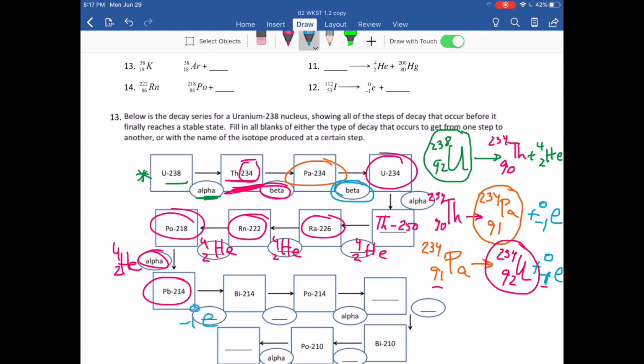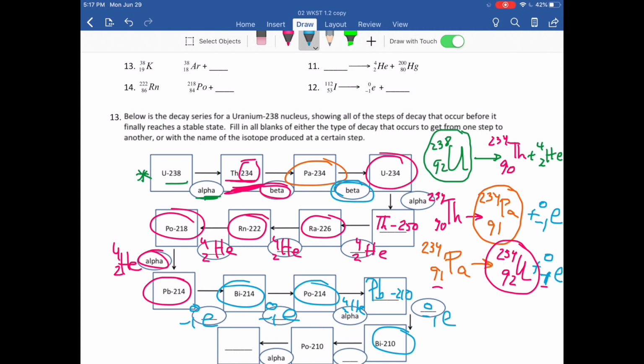That's a beta particle to form the bismuth. The bismuth is going to release another beta particle, 0 minus 1 e, to form the polonium. The polonium is going to release an alpha particle, so 4-2 helium. That's what it's going to release to form the lead-210. The lead-210 is going to release a beta particle to form the bismuth.